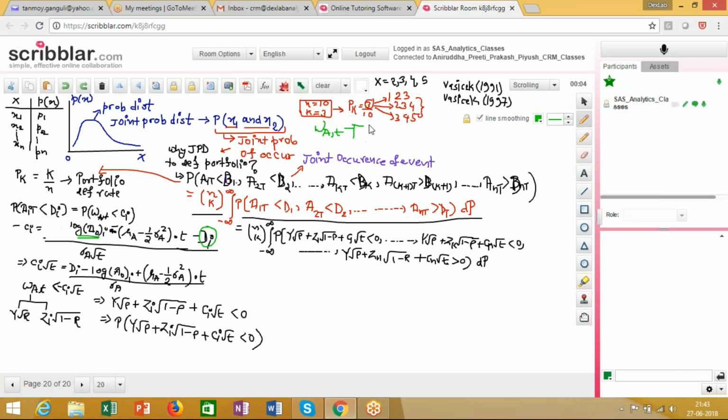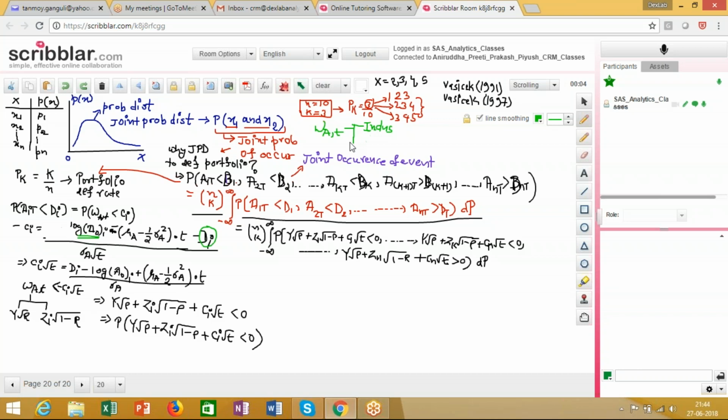One is the economy specific risk or an industry specific risk. And the second is the company specific risk or the random risk.